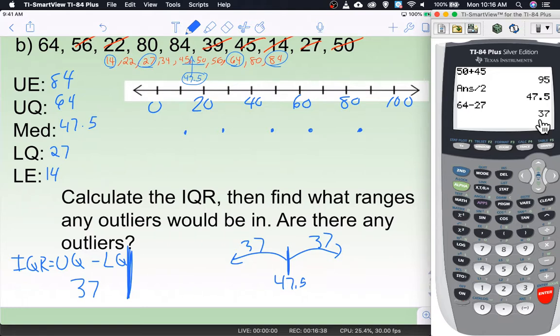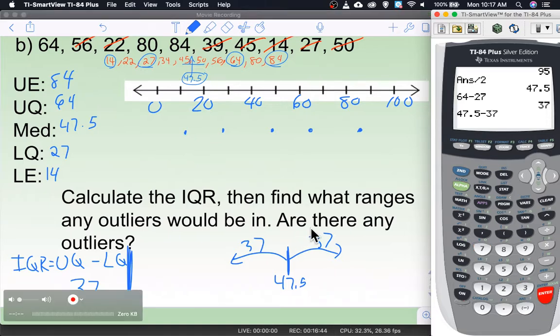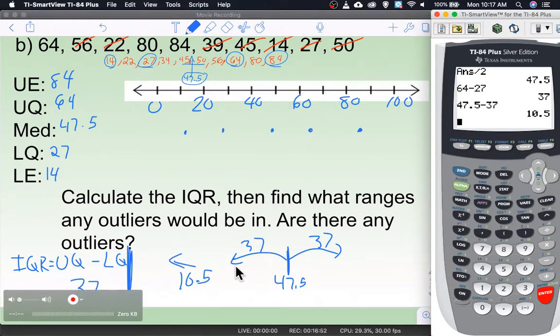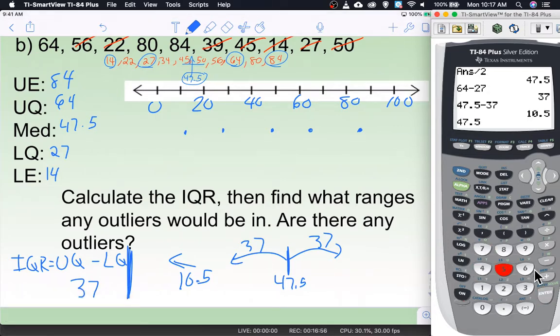So let's figure out. If I do 47.5 minus 37, if I get smaller by 37, that's 10.5. So if I had anything 10.5 or less, that would be an outlier. If I did 47.5 plus 37, that's 84.5.